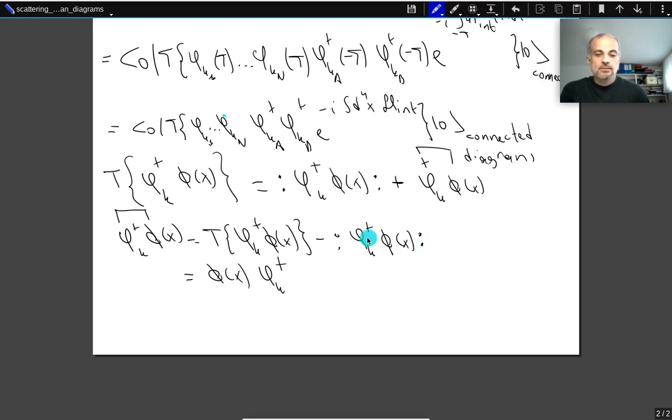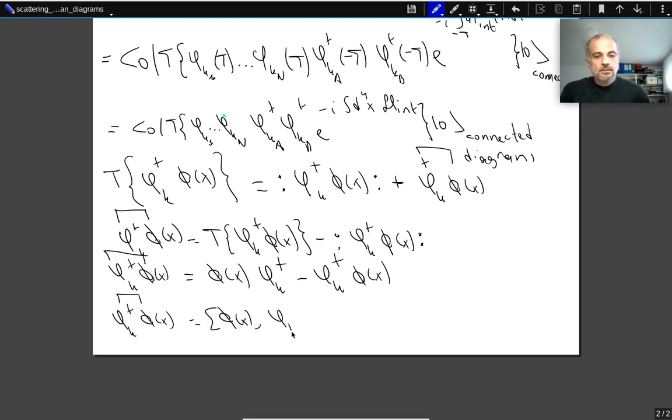So in this form, the creation operators are already on the left. So this is minus phi k dagger, phi of x. So the contraction of these two fields is, let me just rewrite it. This is just the commutator of the field at the point x and phi k dagger.